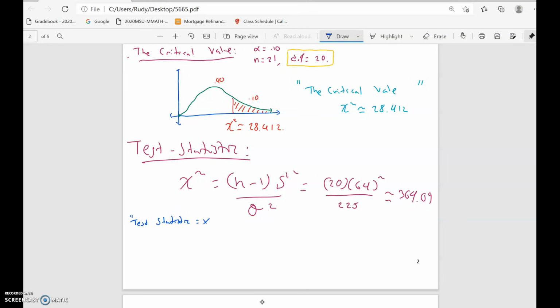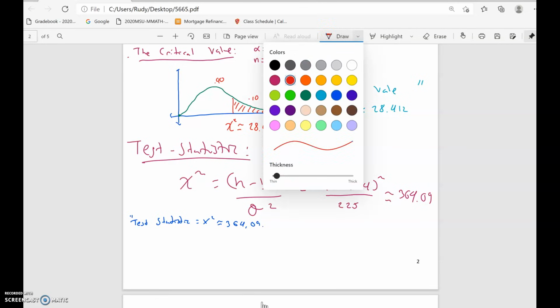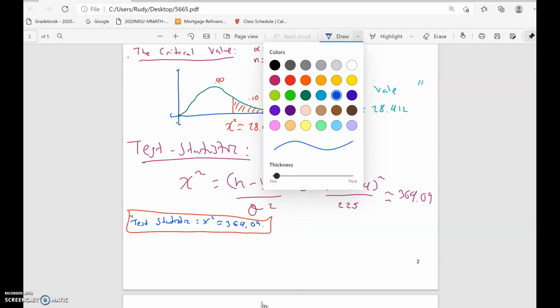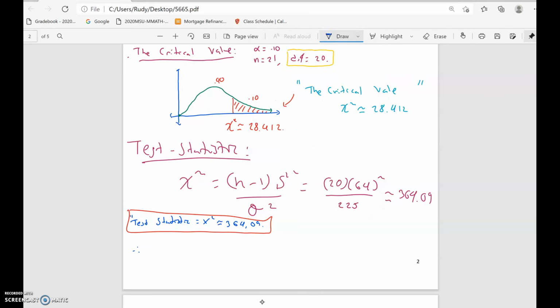It's going to be equal to a chi-square value of approximately 364.09. Now that, with respect to the position of the population, is way out here. So automatically reject H0. And let me rewrite it as our main conclusion, reject H0.